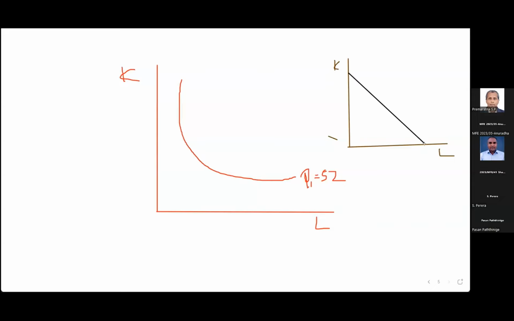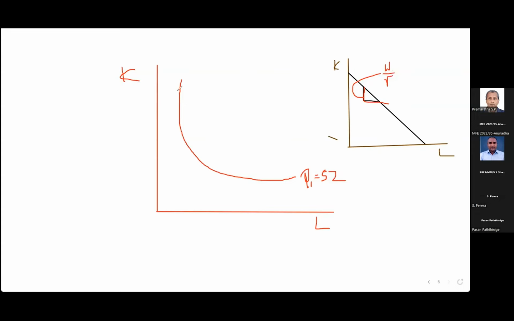So we usually keep this constant, right? The slope here is called W divided by R, the input price ratio.